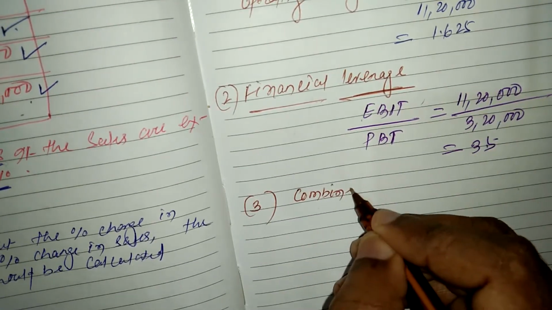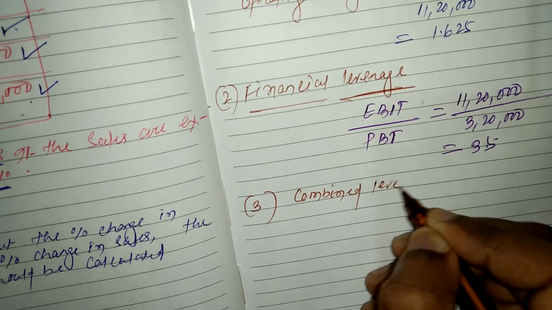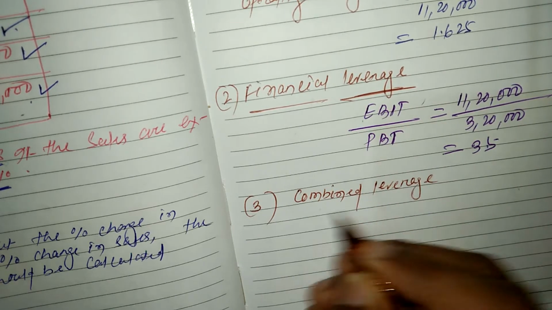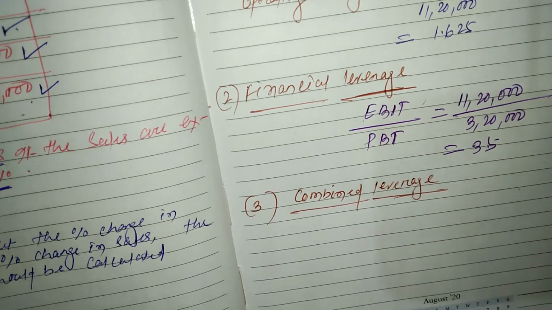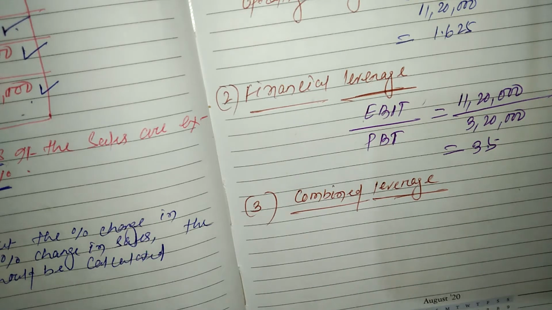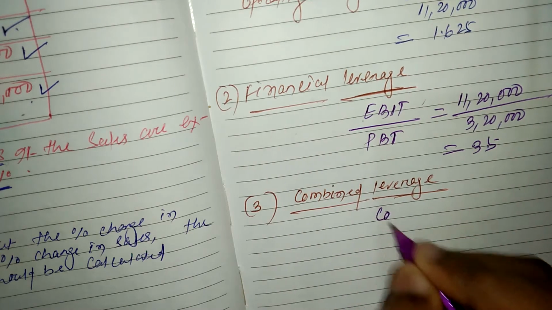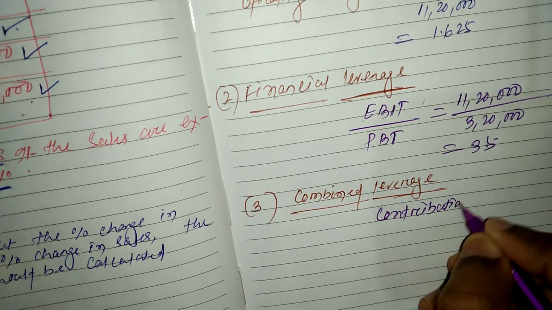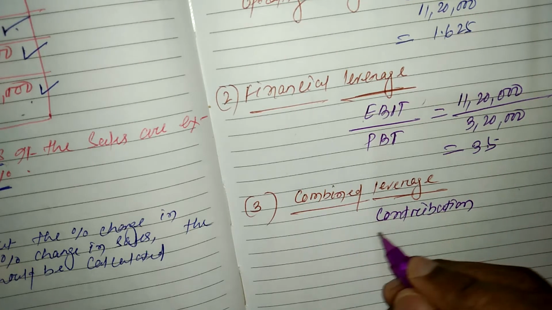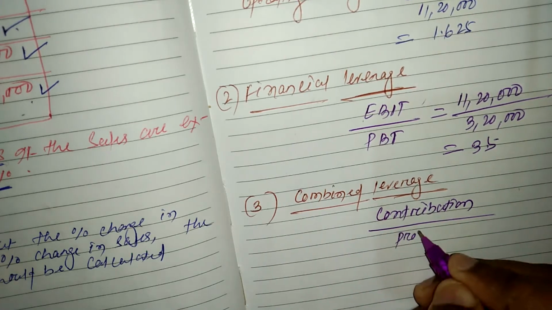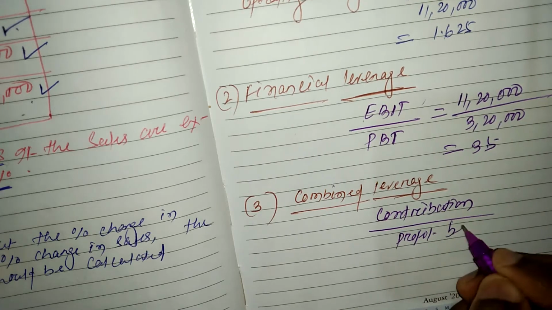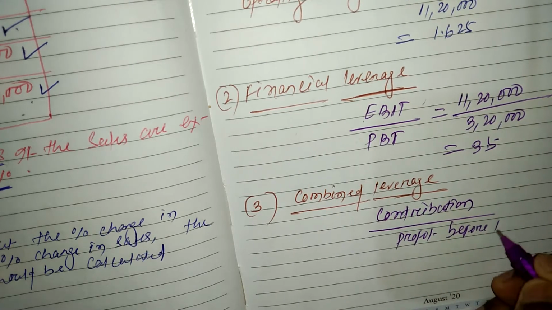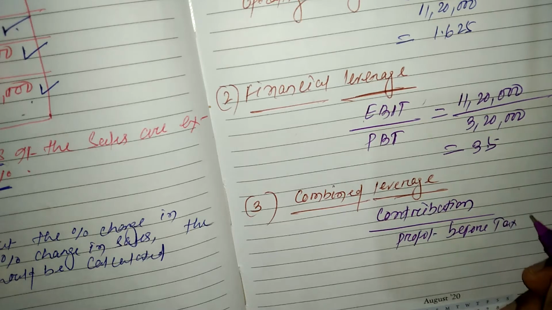Now find out combined leverage. What is the formula of combined leverage? As we know, combined leverage is contribution divided by profit before tax, you can say PBT.